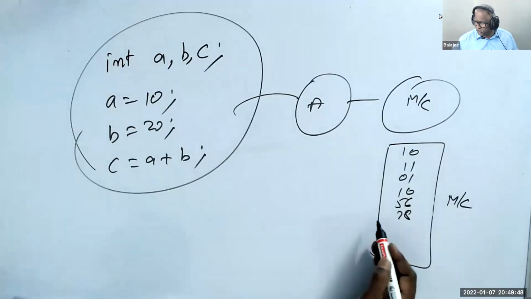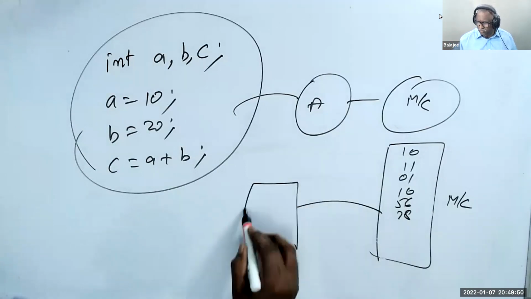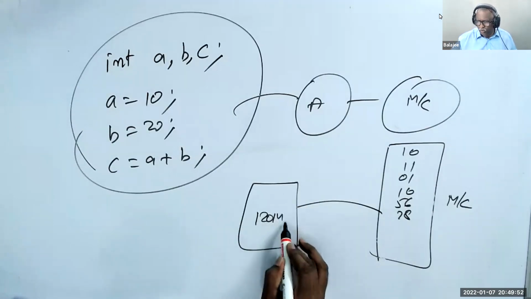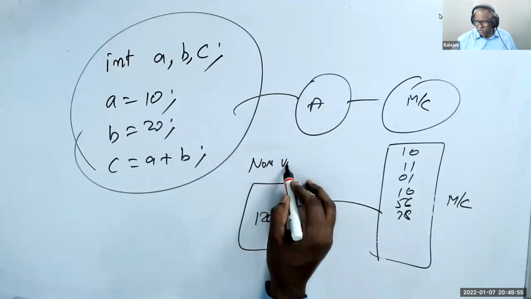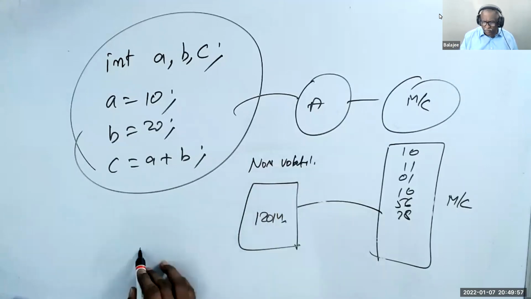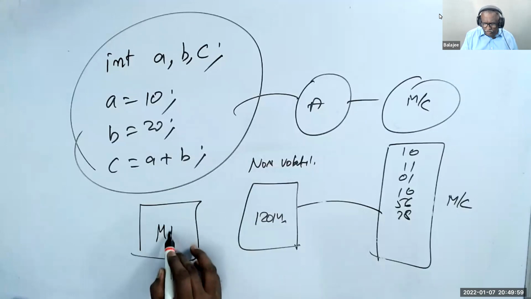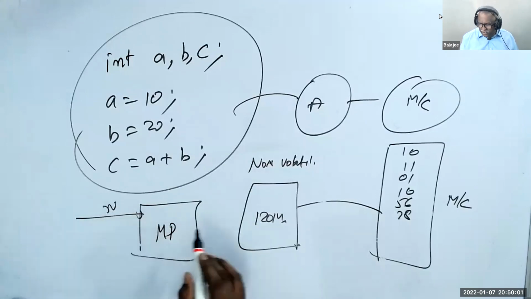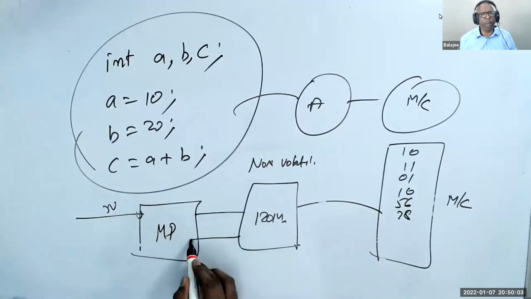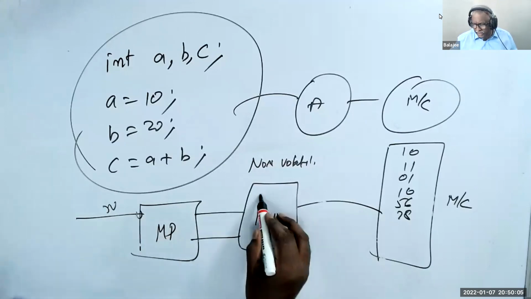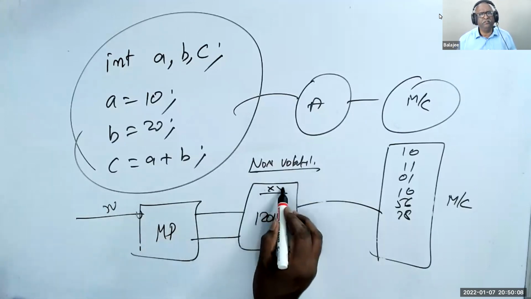Normally what we do is, we put this inside the ROM, non-volatile. Because when you power on the microprocessor, once you give the 5 volt to the microprocessor, it always tries to read from the ROM. ROM will be non-volatile, the data will be permanently there.